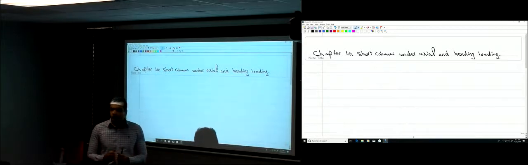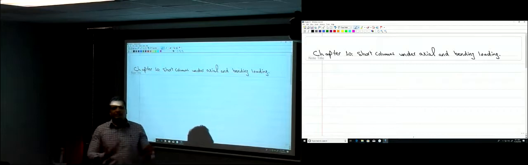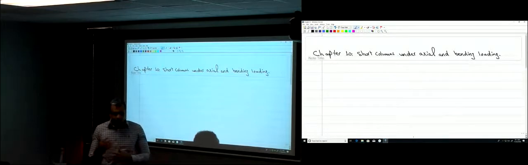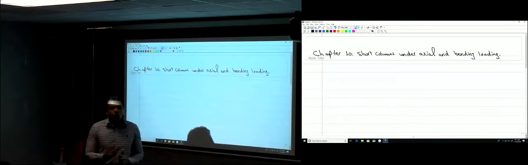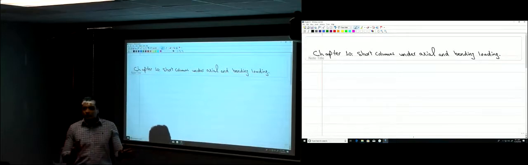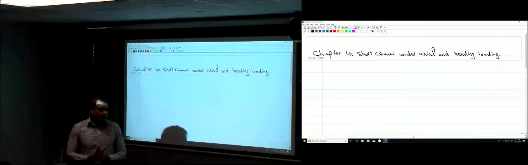Bending moment gives you normal stresses, compression and tension. Shear forces give you shear stresses. So they are independent of each other. The type of stress you have for bending moment and for shear are different, while for bending moment and compression forces or axial forces, they give you the same type of stresses.